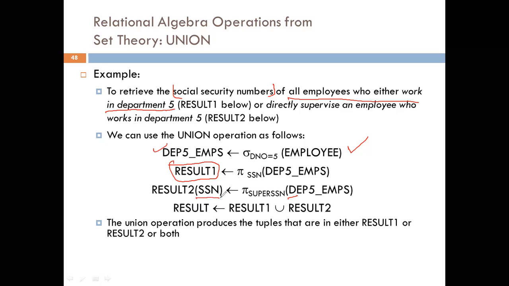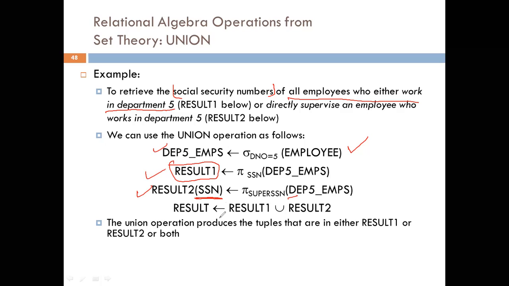That will be stored in result 2. Here this is a renaming operation where the temporary result is stored in the table result 2, and the super SSN attribute is renamed as SSN. Now result 1 and result 2 are union compatible. They contain only one attribute, and both are type compatible to hold the SSN values.